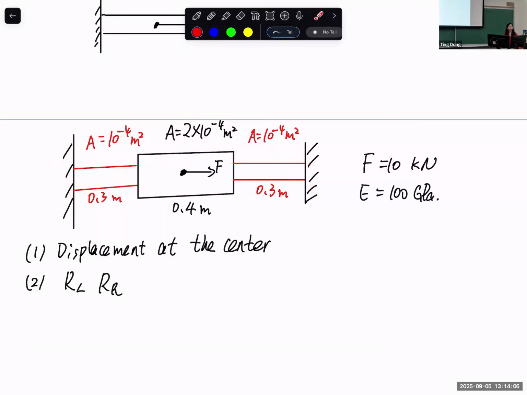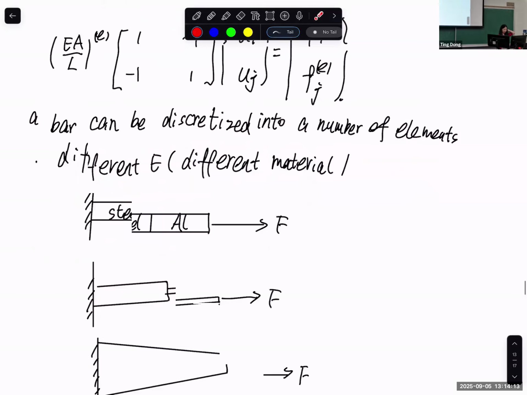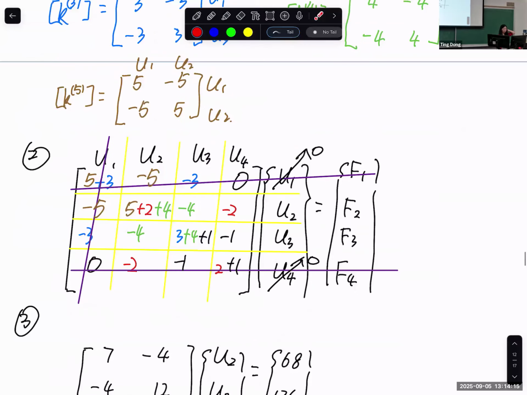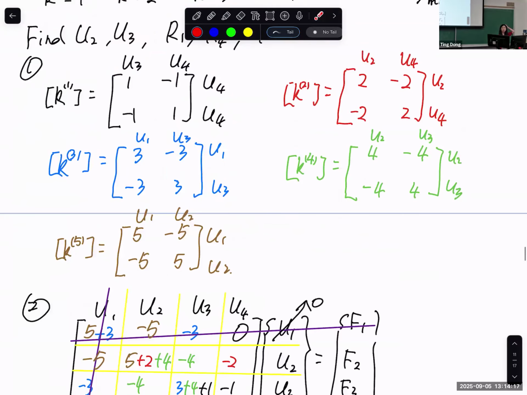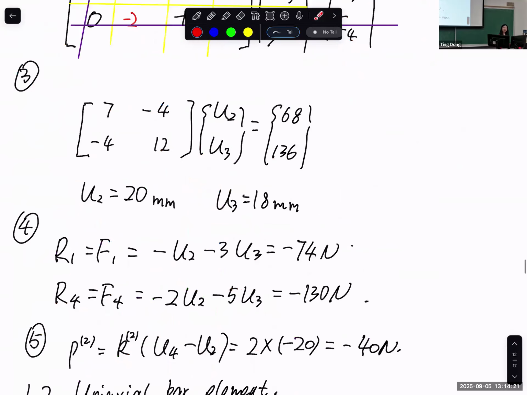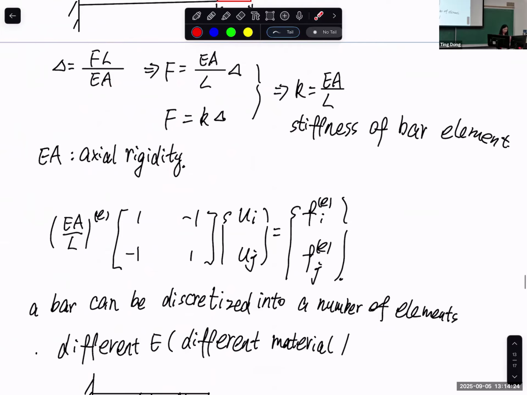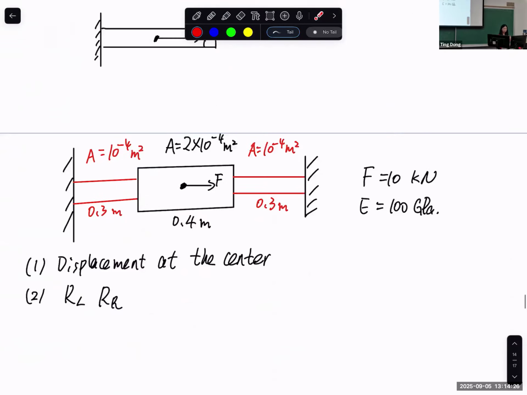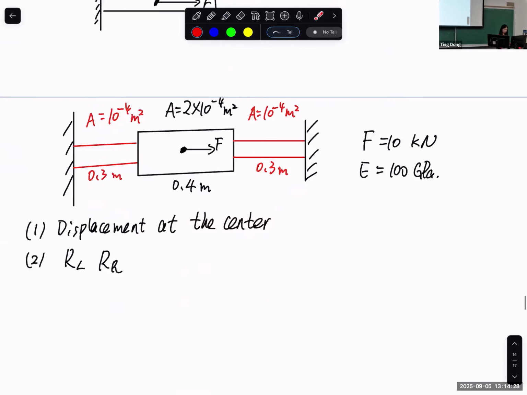Right. So now let's see the K. As I said in the last class, I wrote the K for each element and then did assembly because that was the first example. But for this example, we can skip that part. I will still write the K for the red section and the black section, and then we will do the big matrix equation directly.